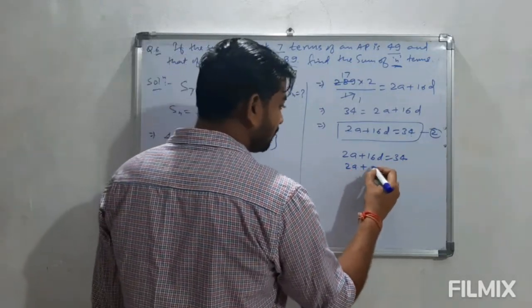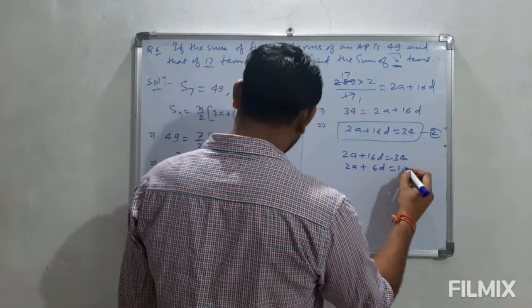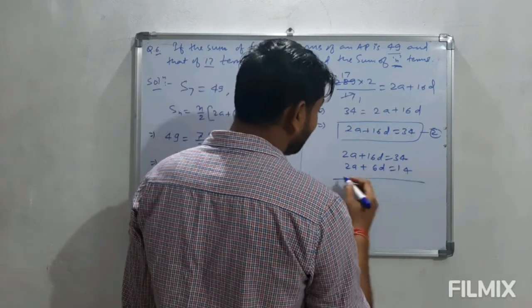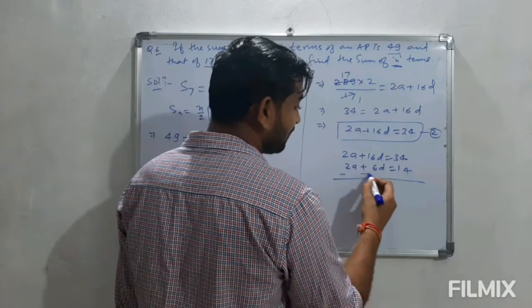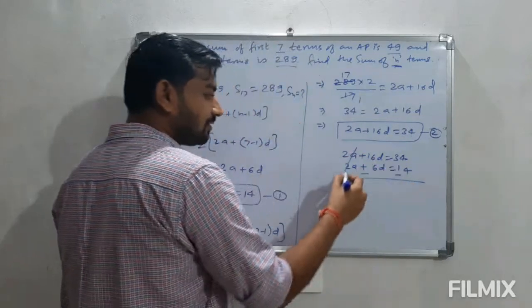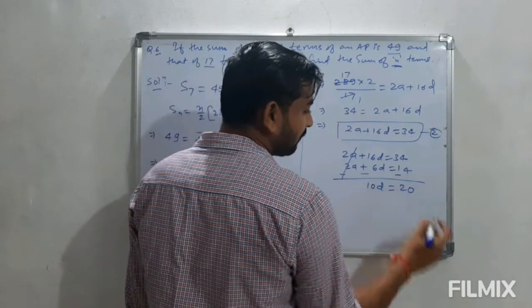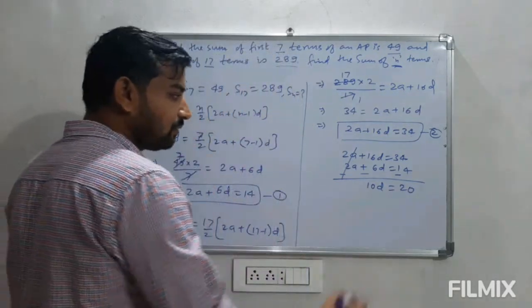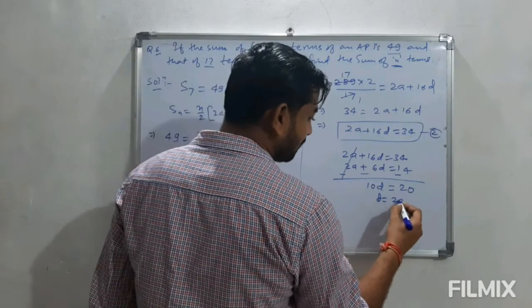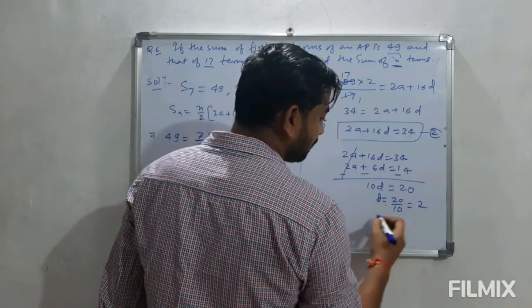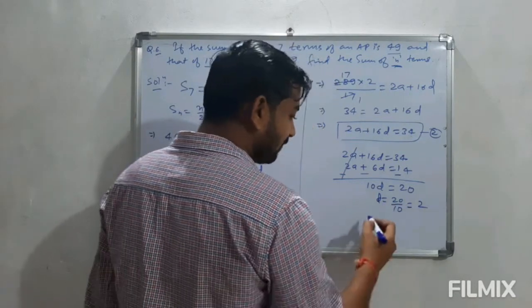And the first equation was 2a plus 6d is equal to 14. We can clearly eliminate 2a from here. So subtract, change the sign, this will be cancelled. Now we are getting 10d is equal to 20. From here we can calculate the value of d: d is equal to 20 by 10, that is 2. The value of d comes to 2.